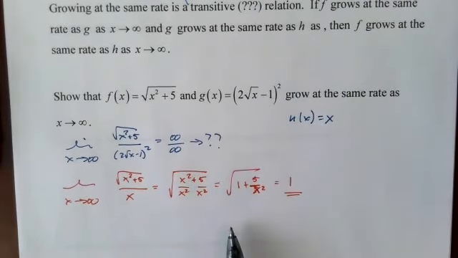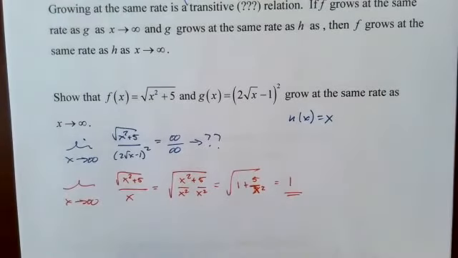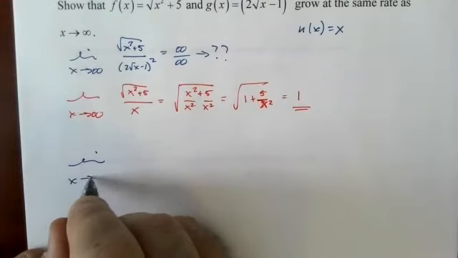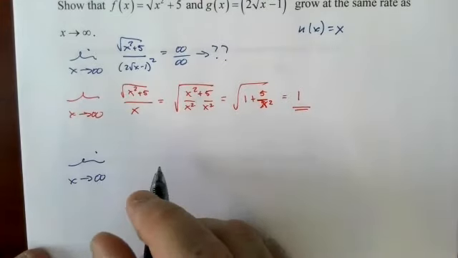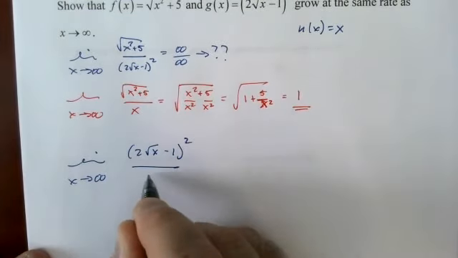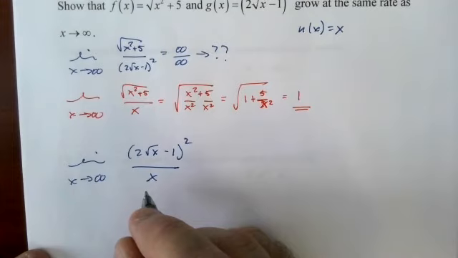Be aware. Yes, this one's like x. So well, let's do it. So then the limit as x approaches infinity. Doesn't matter which one I put on top, but that's how I like to do it. Let's see.